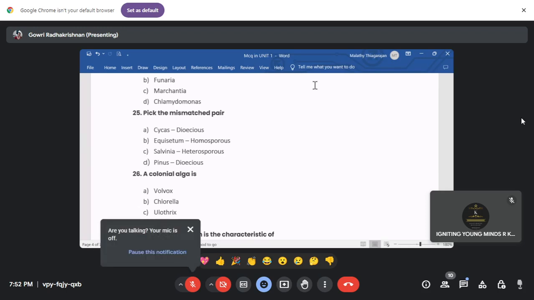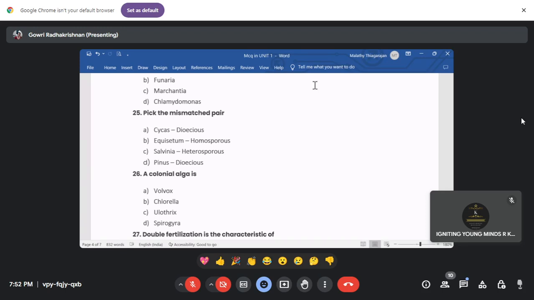So, Pinus, oh, Cycas. Cycas is dioecious. Do you find a male plant and a female plant in Cycas? Uh, no, ma'am. Do you find a male plant and female plant in Pinus? Pine tree? Yes, ma'am, it is there.